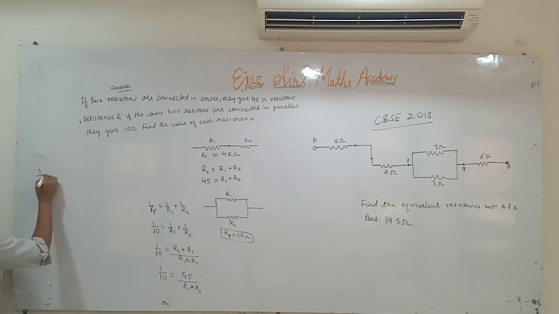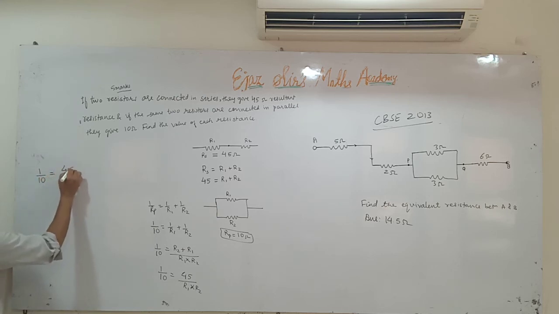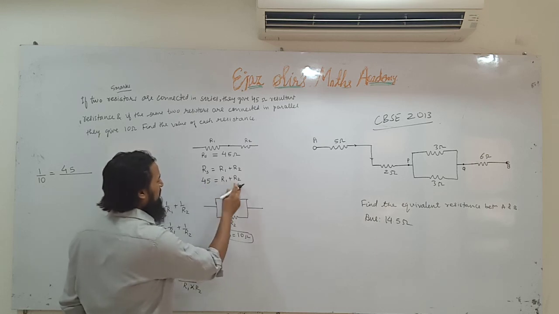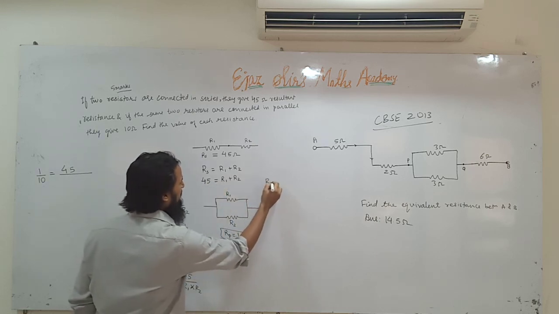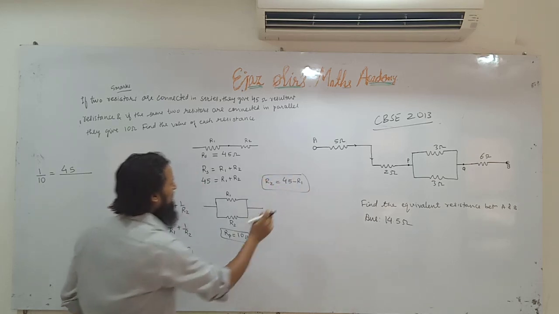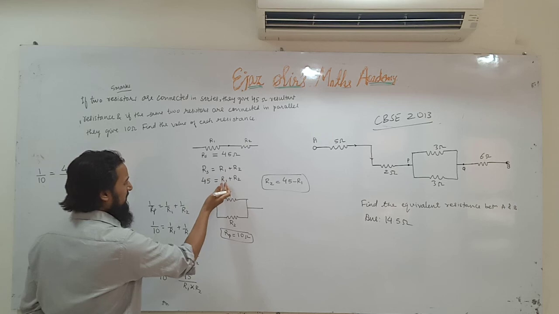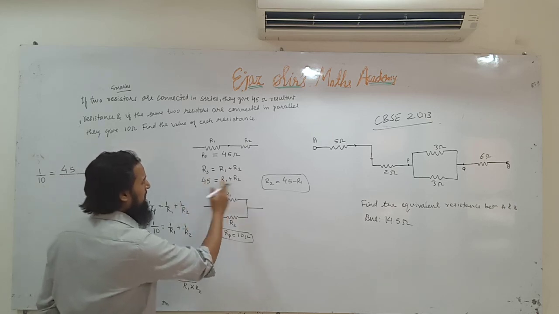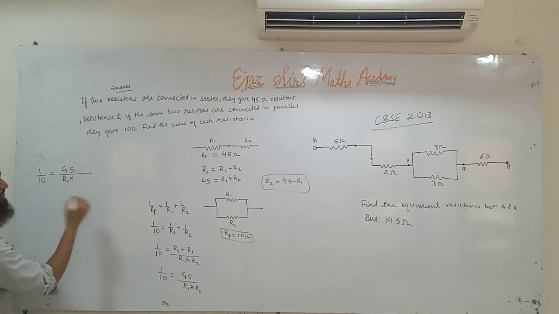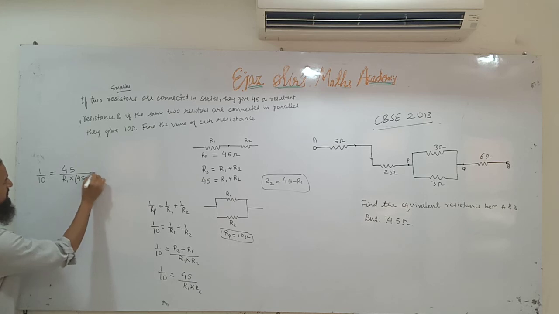Now see, 1 by 10 is equal to 45 upon R1 into R2. If R1 plus R2 is 45, we can write R2 is equal to 45 minus R1. We can move R1 to the left hand side. So here I will write R1 into 45 minus R1.